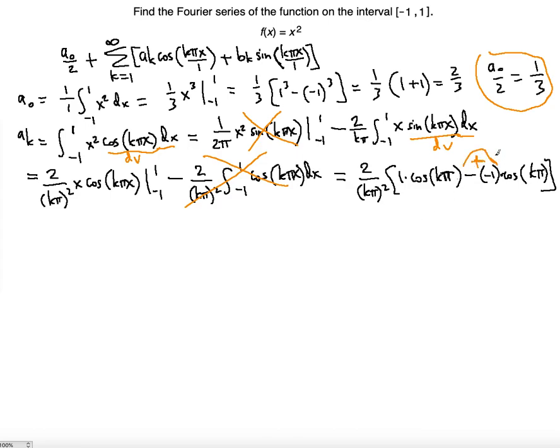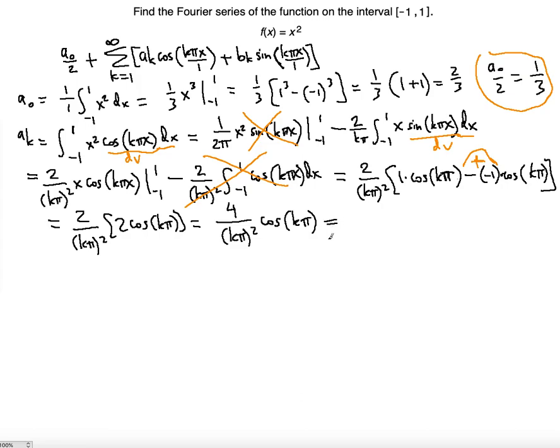Right, these two, it makes a plus. So as a result, we will have what? We will have 2 over k pi squared times 2 cosine of k pi, right? Which is going to be 4 over k pi squared cosine of k pi.